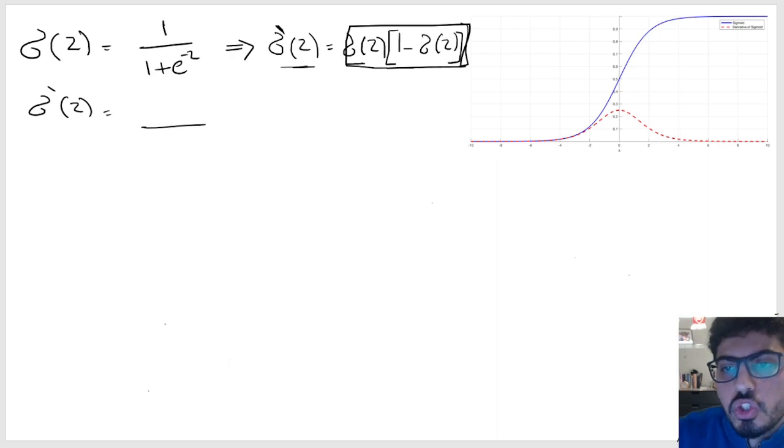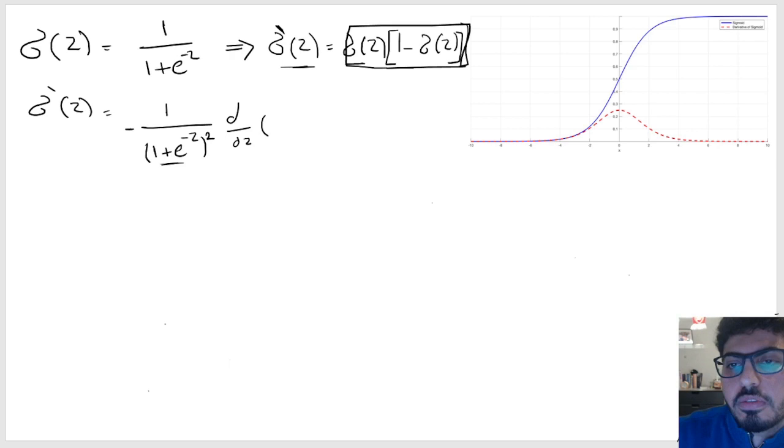Well, using the quotient rule, it will be 1 over 1 plus e to the negative z squared, multiplied by -1 times the derivative of what's inside, that will be d by dz of 1 plus e to the negative z.